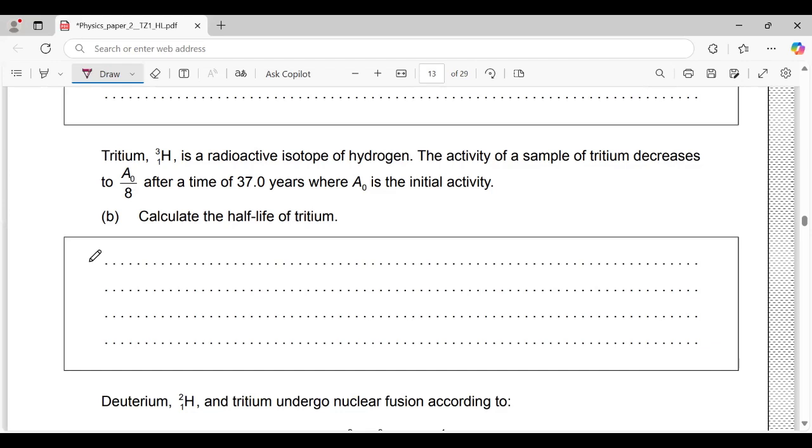The activity decreases to 1 over 8, according to this information. 1 over 8 is a half cubed, or the activity decrease is 3 half-lives.